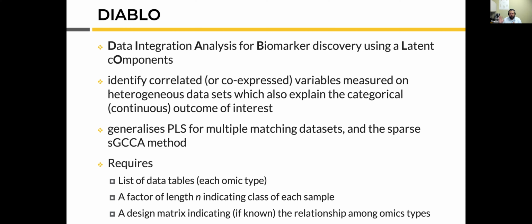If you run another experiment, you can use the Diablo outcome as a prediction method and give it new data. So, like a machine learning method, you can use the results of Diablo on your original data set to predict classes from new data.